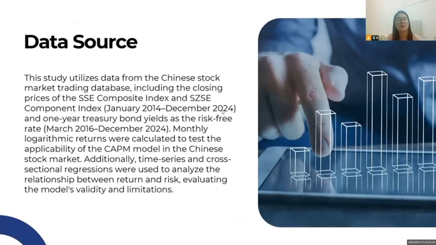And where is our data from? This slide introduces the data source. We use data from the Chinese stock market, including the monthly closing price of the SSE Composite and the SZSE Component Index, from January 2010 to December 2024, and 1-year Treasury bond yields as the risk-free rate, from March 2016 to December 2024.